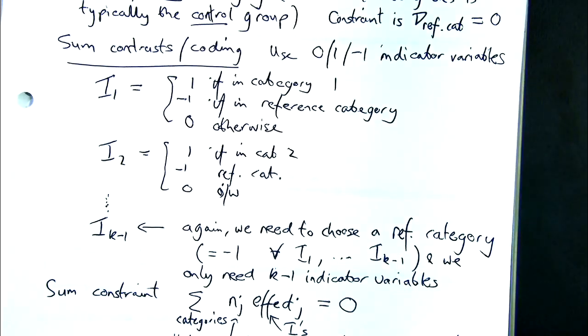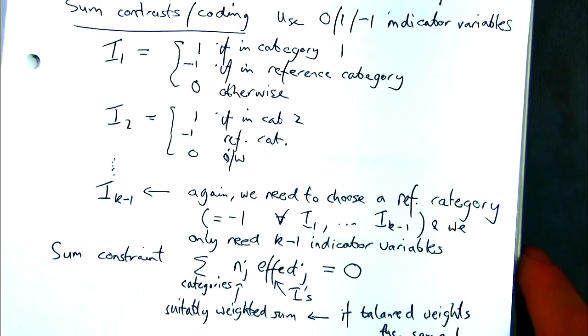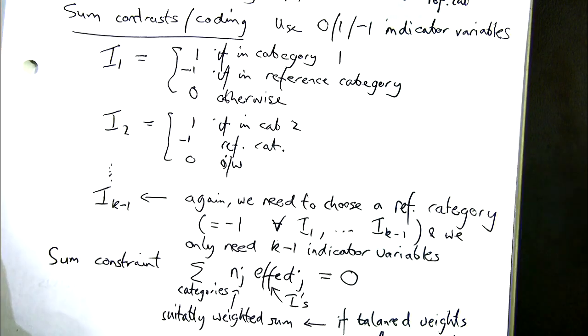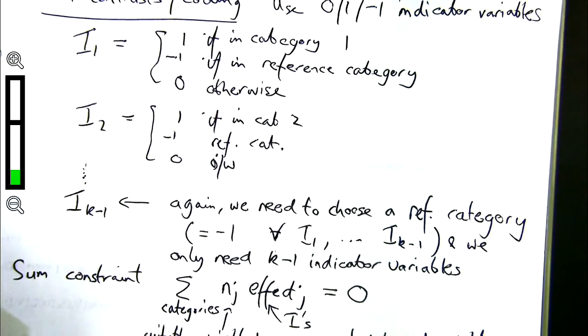Okay? It's arbitrarily equal to 0, and that's the constraint we're setting. In other words, we're basically parameterizing under different constraints.